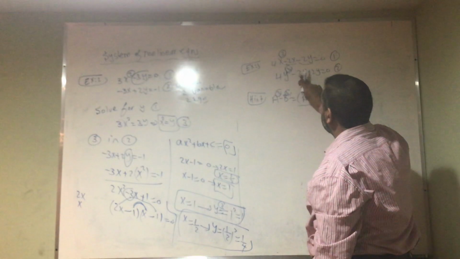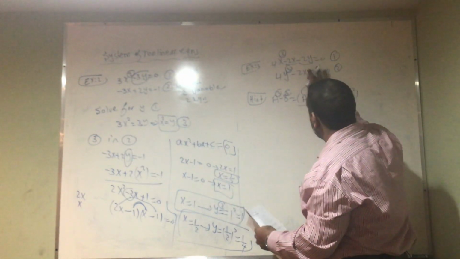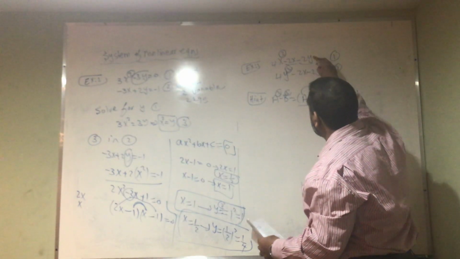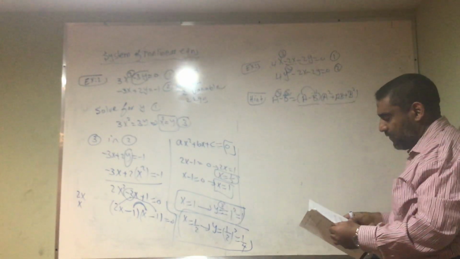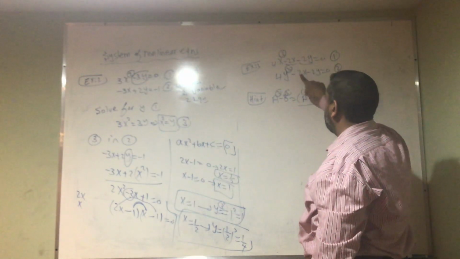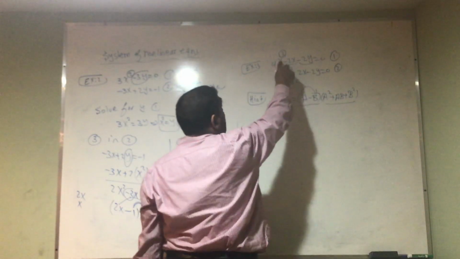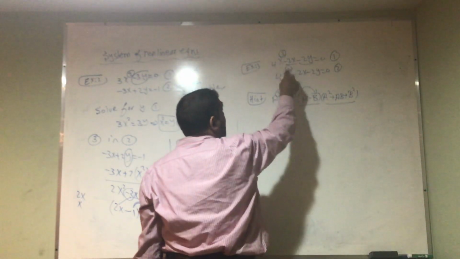The second one, negative 2x, also negative 2y. Sorry for this, so here negative 2y and here negative 2y. Both of them negative. Because of 2x minus 2y and minus 2x minus 2y, I'm going to get the conclusion that x must be equal to y.